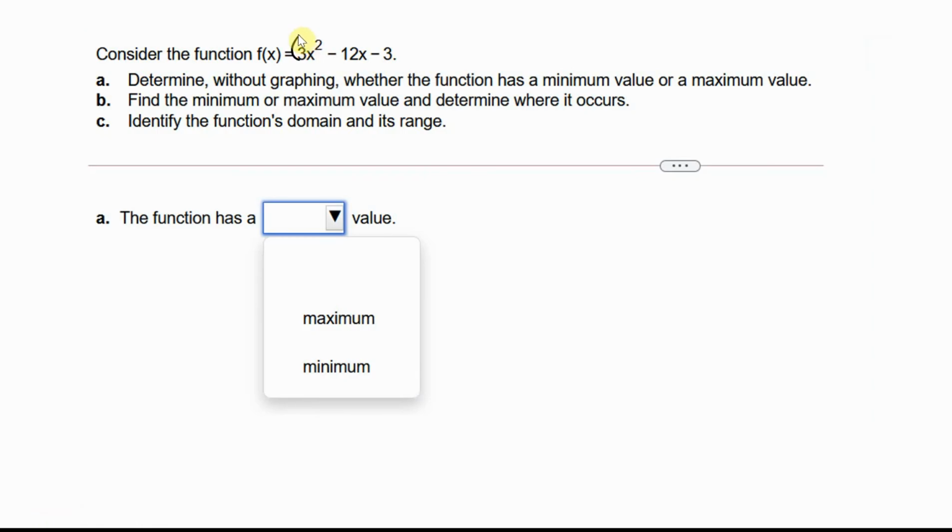So here A is 3. It's positive, that means the cup is shaped upward. That means I have a minimum. F has a minimum.